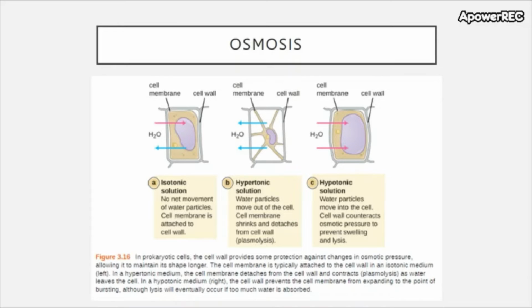Lastly, in a hypotonic solution, where the concentration of solutes is greater inside of the cell, the water will rush into the cell, causing that cellular membrane to expand and create a higher amount of osmotic pressure on the cell wall. The cell wall can help prevent the cell membrane from lysing, although if the solution is too hypotonic, even under these conditions, eventually the cell may lyse or break apart.